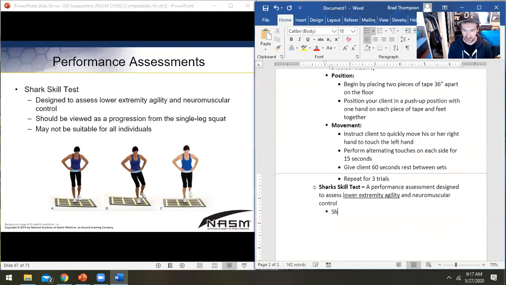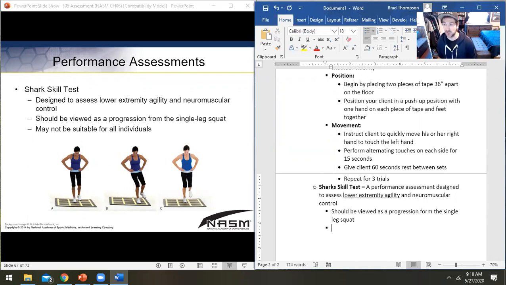It should be viewed as a progression from the single leg squat. This is pretty similar to the single leg squat in the sense that you are assessing very similar things. Your single leg squat is all about core strength and ankle proprioception. Both of those things are totally necessary in order to have agility, right?